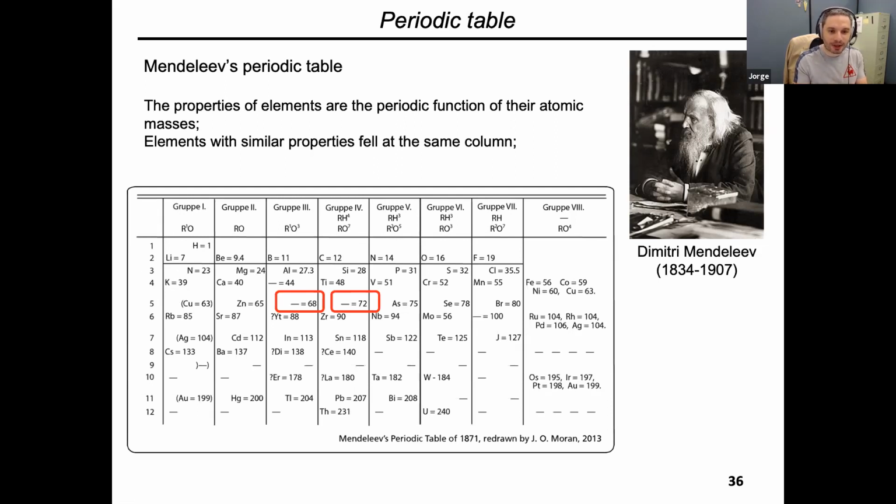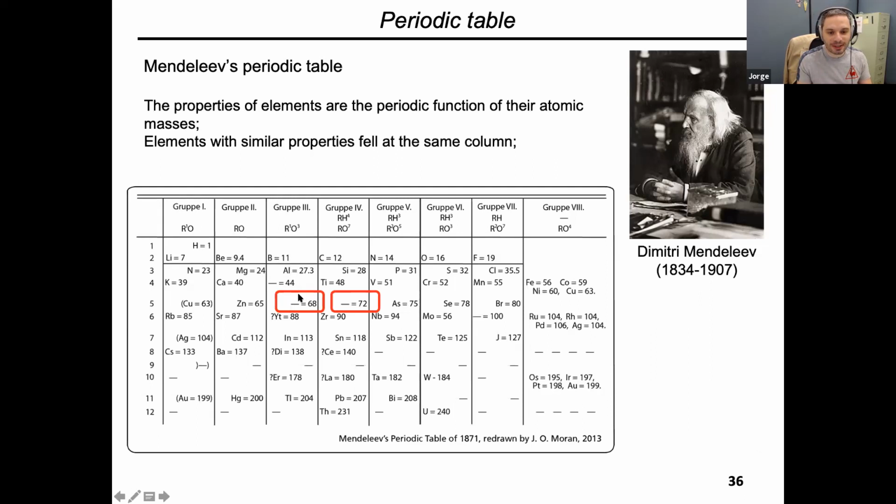The nicest thing about Mendeleev's periodic table was that he left spaces here, for example, 44, 68, and 72, for elements that have not been discovered yet. But Mendeleev predicted that when we discover this element with atomic mass 44, this element should go in the third column, and this element will have similar properties to boron, aluminum, indium, and thallium.